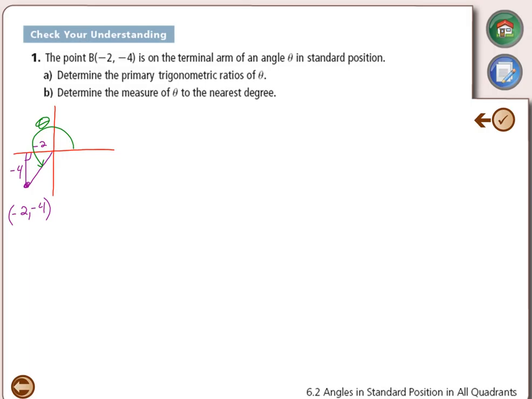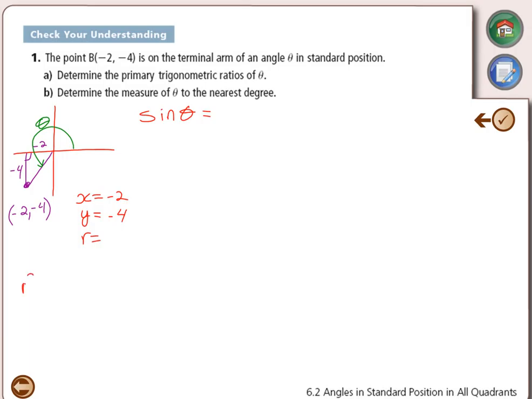So if we're going to do SOHCAHTOA, the sine of theta is equal to, and sine we just saw was y over r. So let's figure out our x values, our y values, and our r values. We know that x was -2. We know that y was -4. We got to figure out the r value.